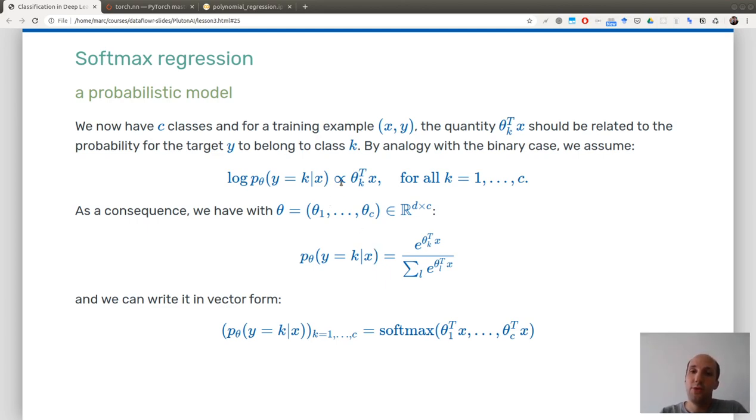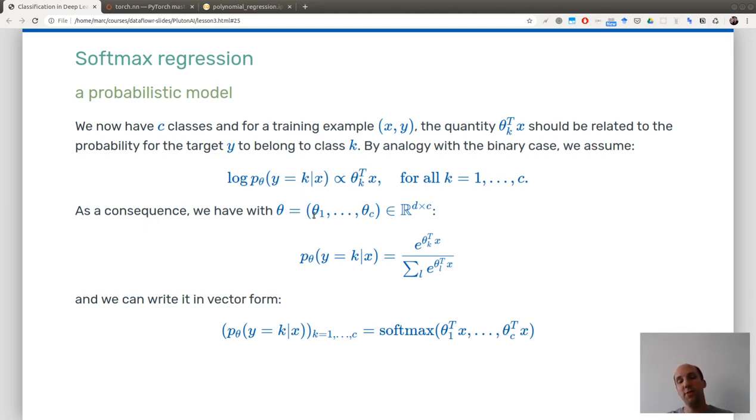So you will now have one parameter theta per class, and the assumption you are making is that the log of the probability of y being of class k given an image, let's say, is proportional, so this is the meaning of this symbol, to a linear function of your image, where the parameter theta depends on the class k.